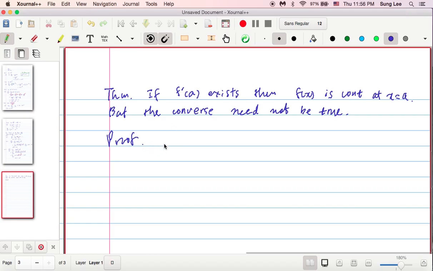Right, so let us calculate this. The limit as x goes to a of f of x minus f of a.